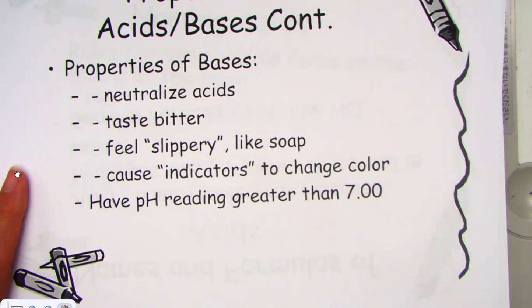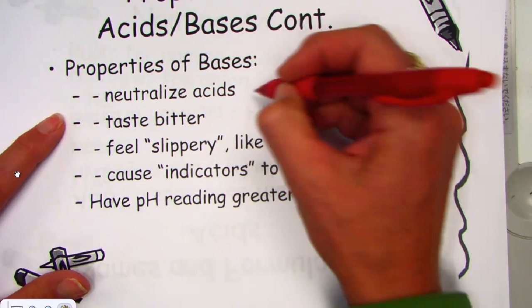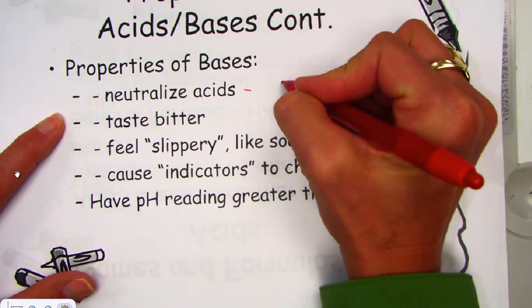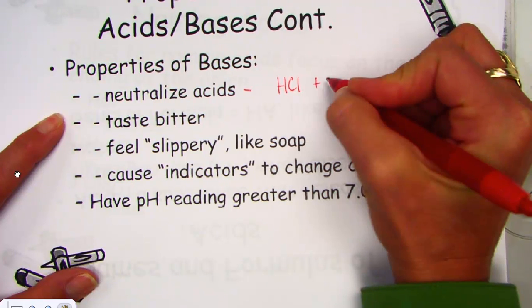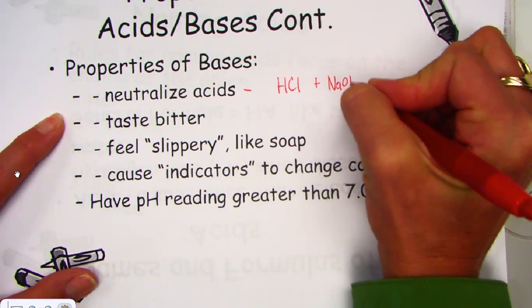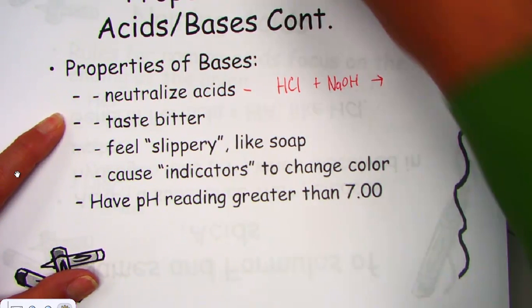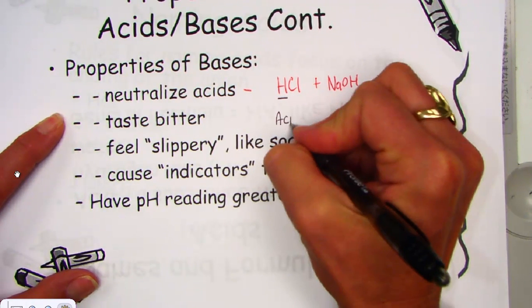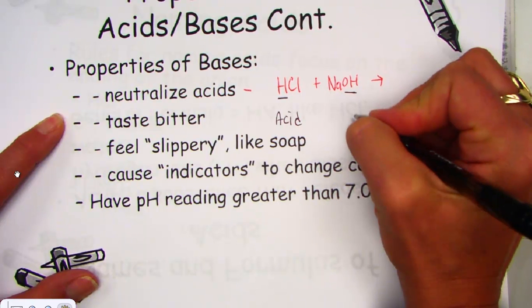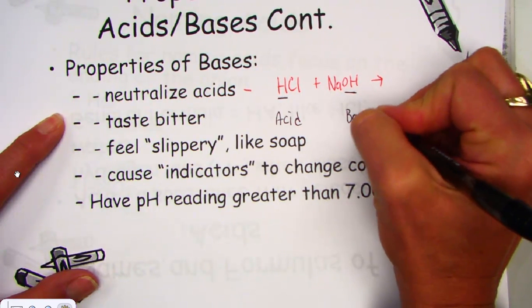Considering properties of bases, well, bases, of course, are the opposite of acids. They're going to neutralize an acid. Just thinking about that in terms of some double displacement, here is a familiar acid, hydrochloric, with a familiar base, sodium hydroxide. Acids, we know, always start with H. Bases always end with OH.